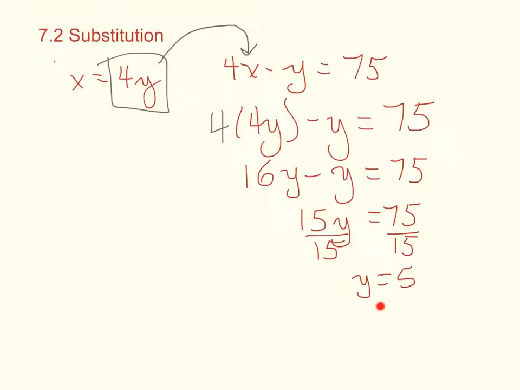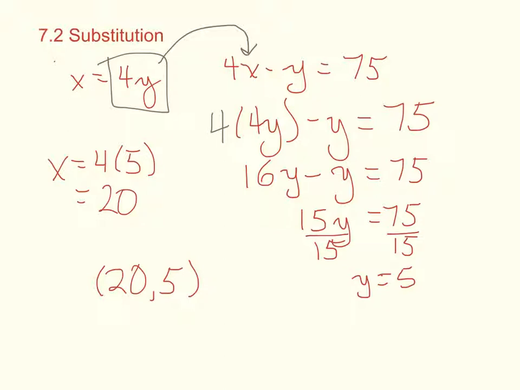So x is equal to 4 times 5, which is 20. So x is equal to 20, y is equal to 5. Writing that as an ordered pair, we have 20 comma 5 for our final solution. So that is what we were looking for. Okay, and we'll do another example.